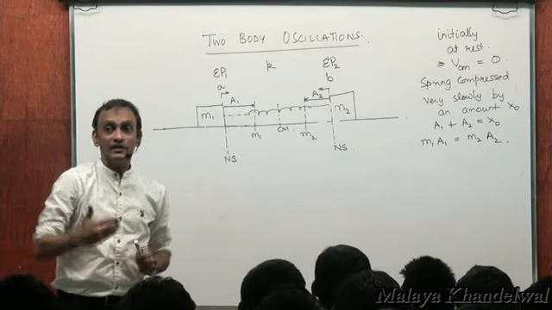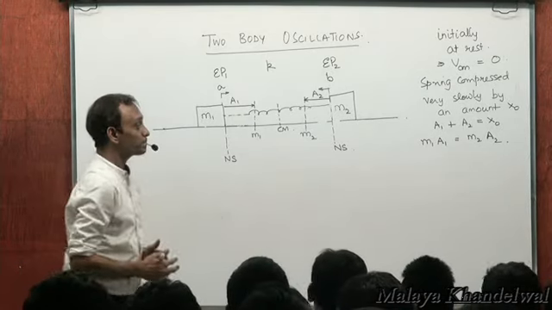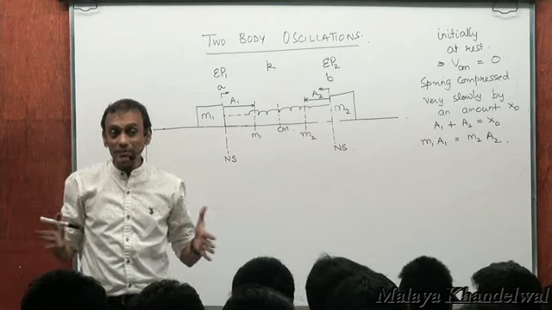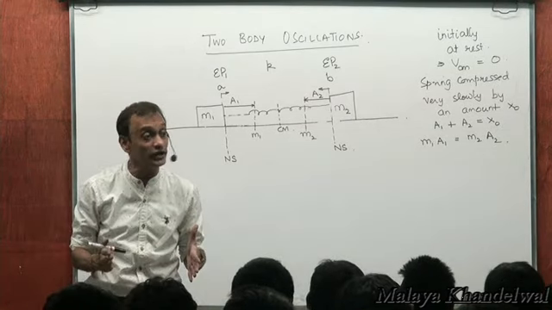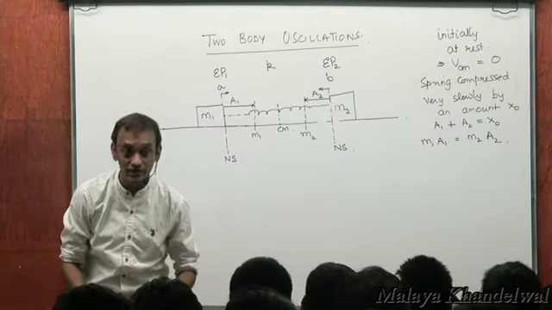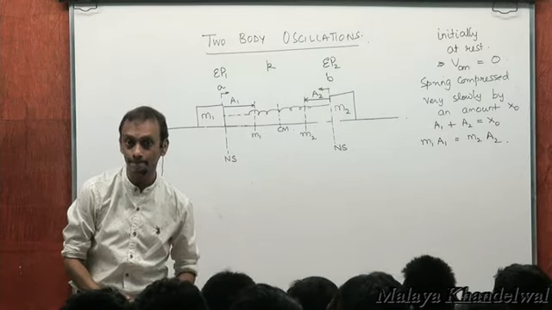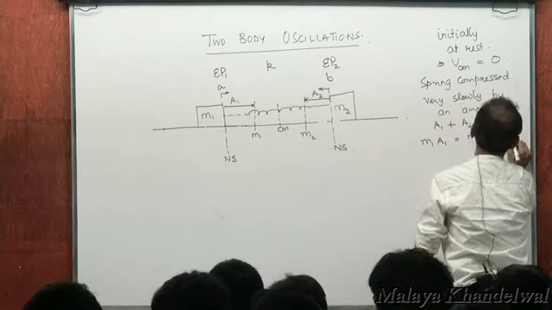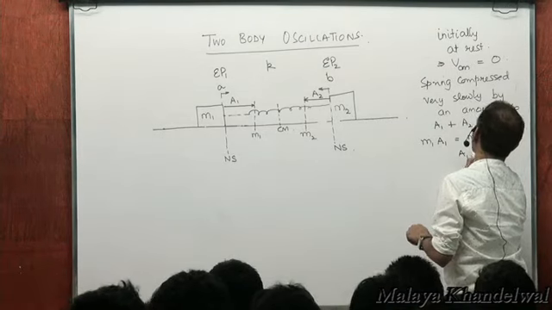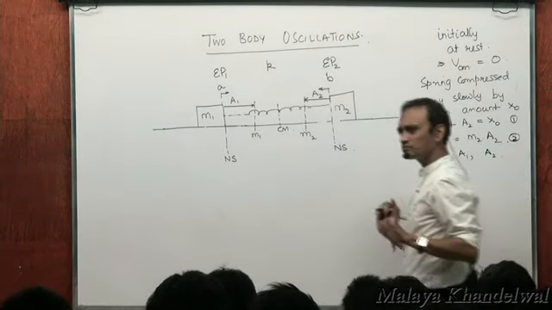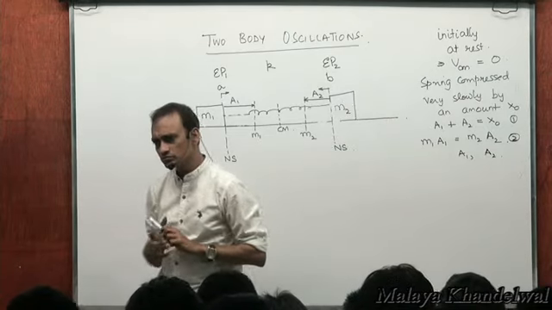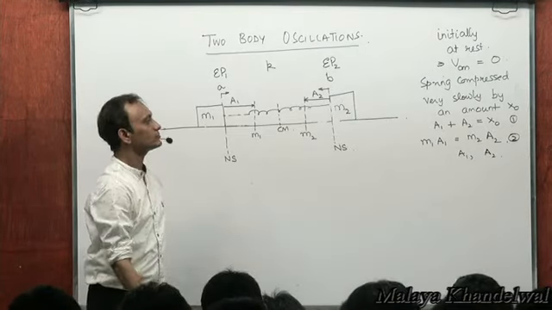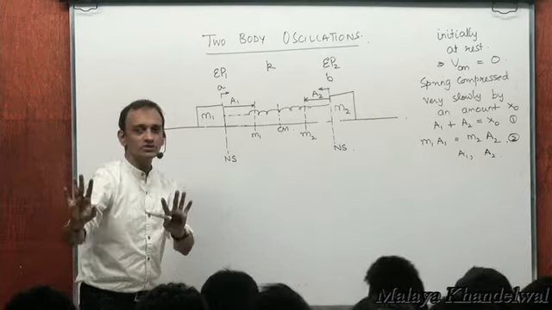Right? So M1 A1 must have been equal to M2 A2 so that the x coordinate of the center of mass did not change with time. So from these two, I can solve for A1 and A2. Yes or no? Don't start solving.